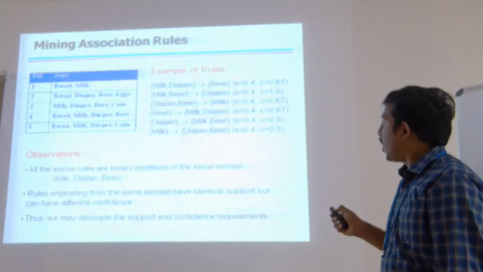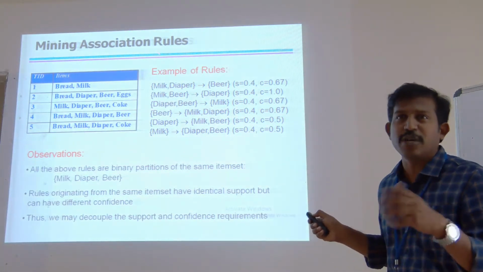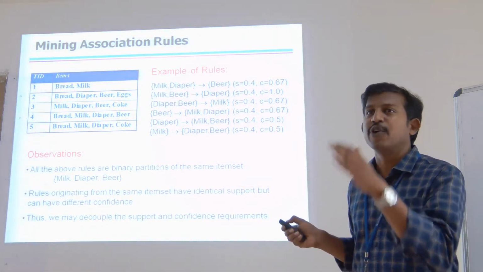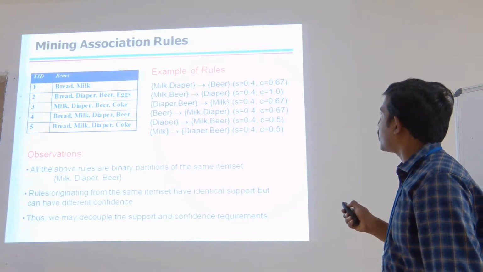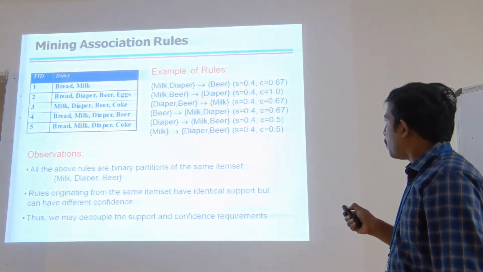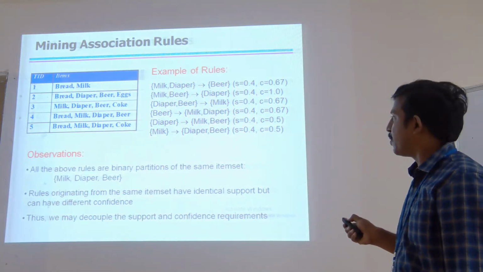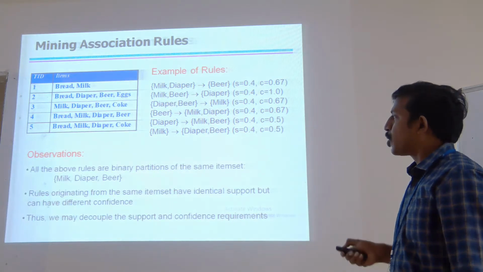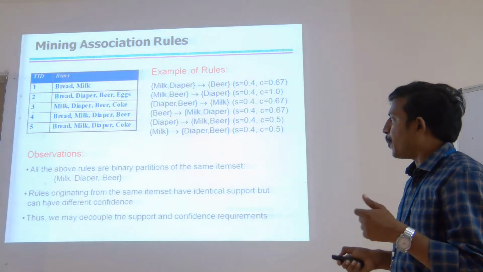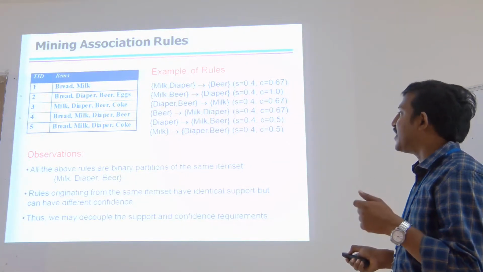As per the brute force approach, we need to compute support and confidence for each and every rule, so we have computed them. If you observe, the support of all these rules is the same, 0.4. This is the observation we found in this problem: rules originating from the same item set have identical support.